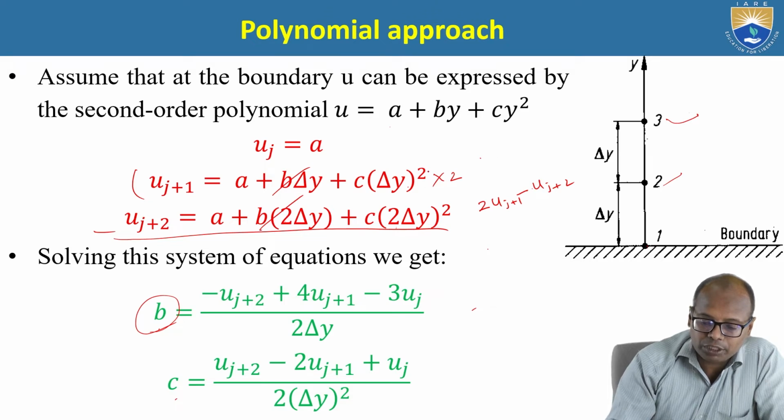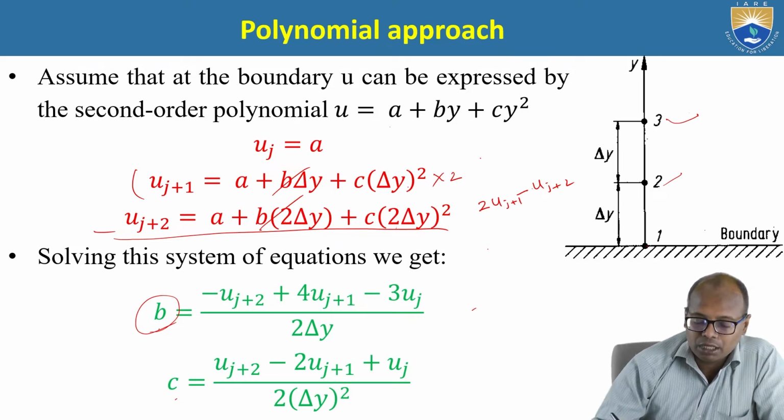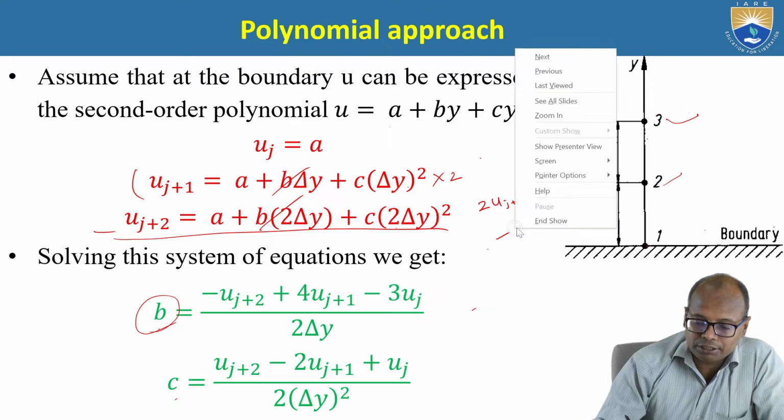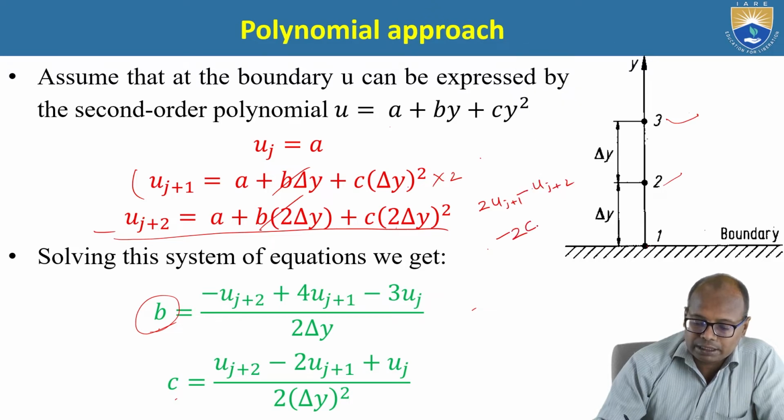Here it is 2 delta y square, and here it is 4 delta y square, because 2 square is there, so it is 4 delta y whole square. So what will this value be? It is minus 2c delta y whole square.